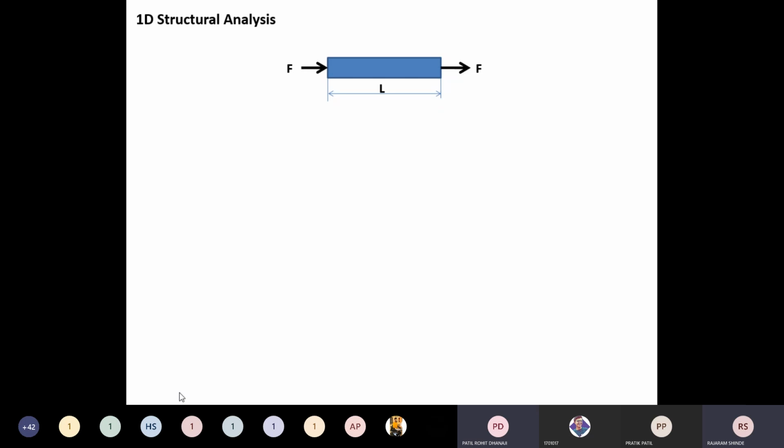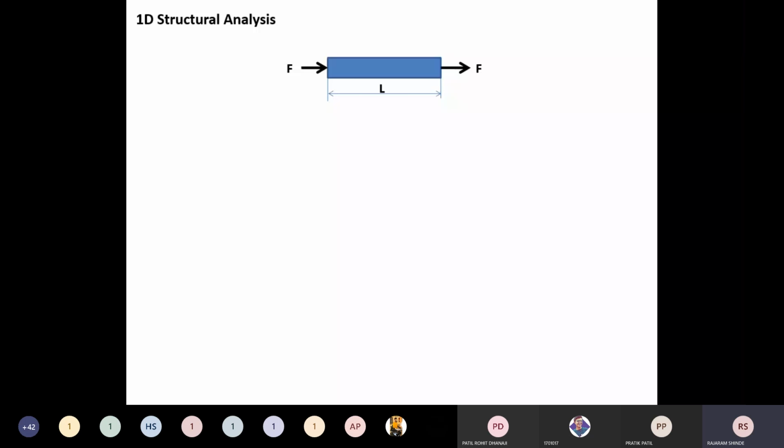Every geometry is made up of three dimensions: x dimension, y dimension, and z dimension, that is, length, width, and breadth.